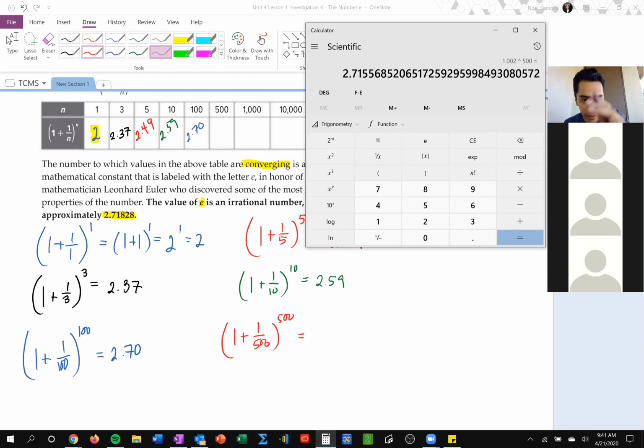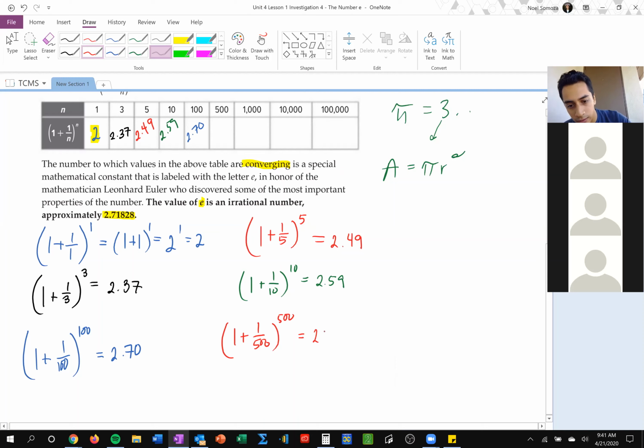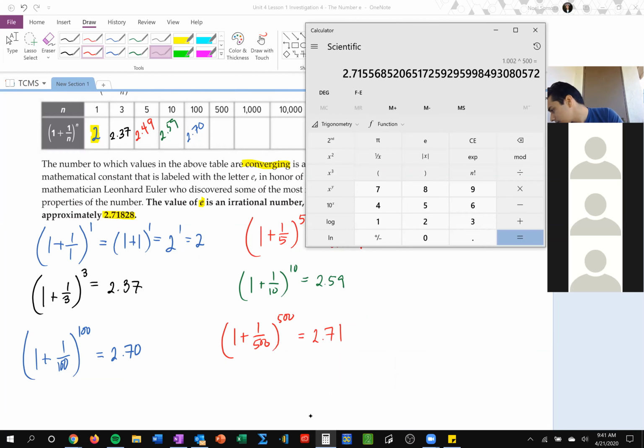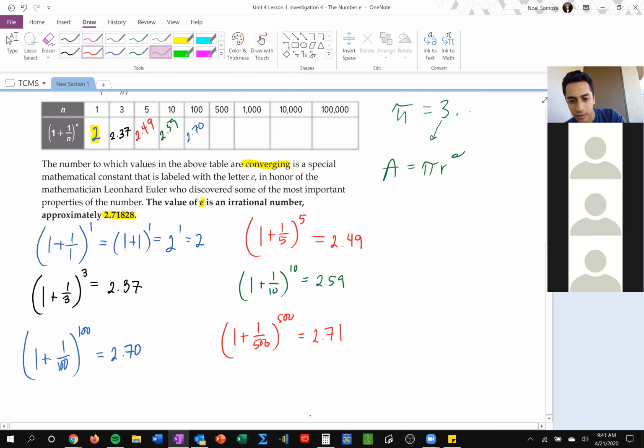Now we're getting there. In this case, though, what do I want to round this to? 2.715, maybe 2.716 or so. Yeah, 2.716.